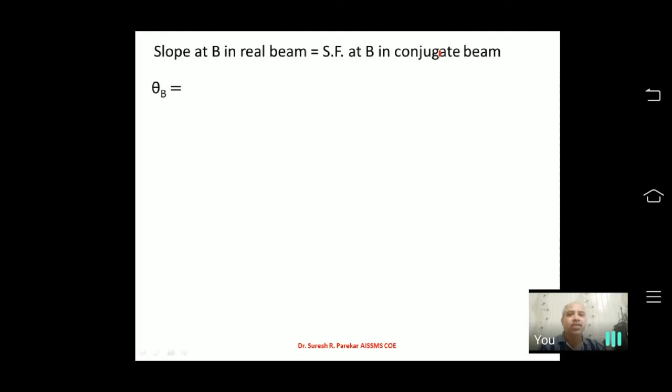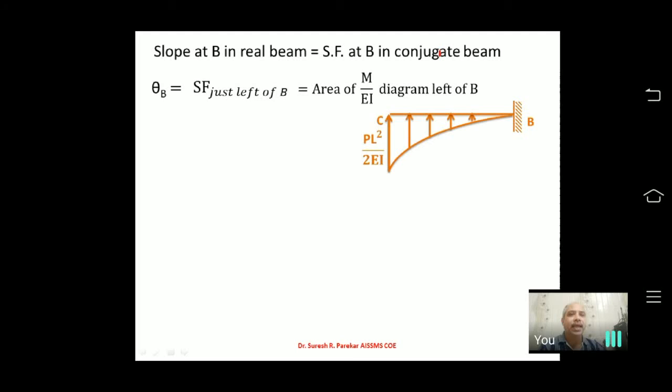So now we will write theta B, just left of B, and then we have the area of the M by EI diagram. Because it is just left of B, all the area we have to consider. What will be this area? It is 2/3, sorry, 1/3, since we have this parabola in this way.